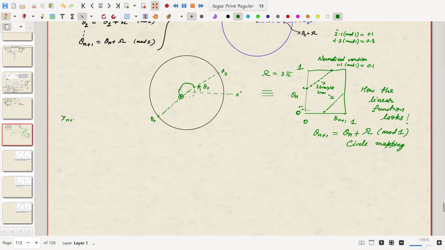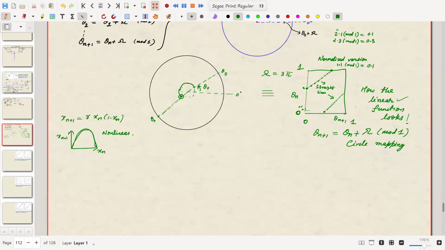Do you remember the logistic map? If you plot xn and xn plus 1, you get a hump. That was a continuous function, and you saw chaos there. It was a non-linear function. But now here, it is a linear function.